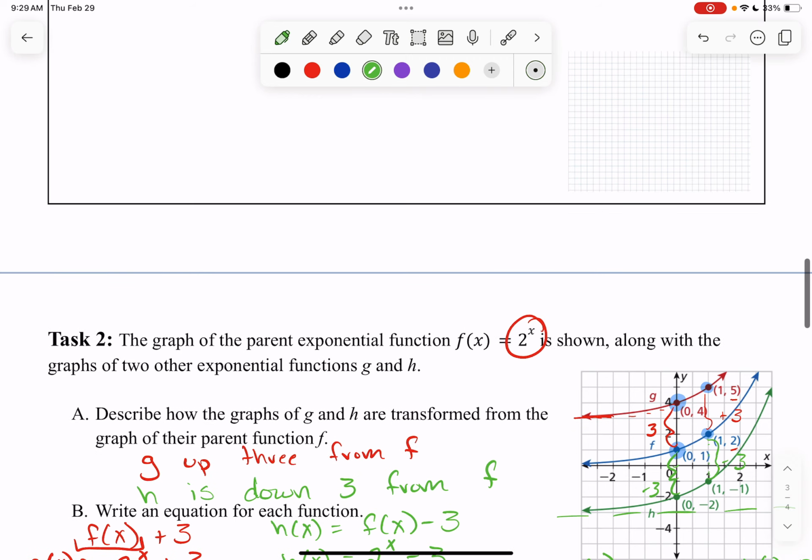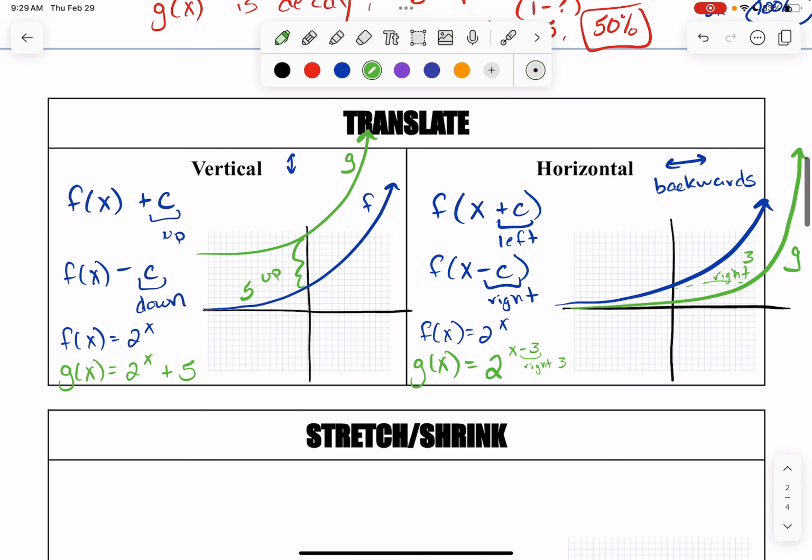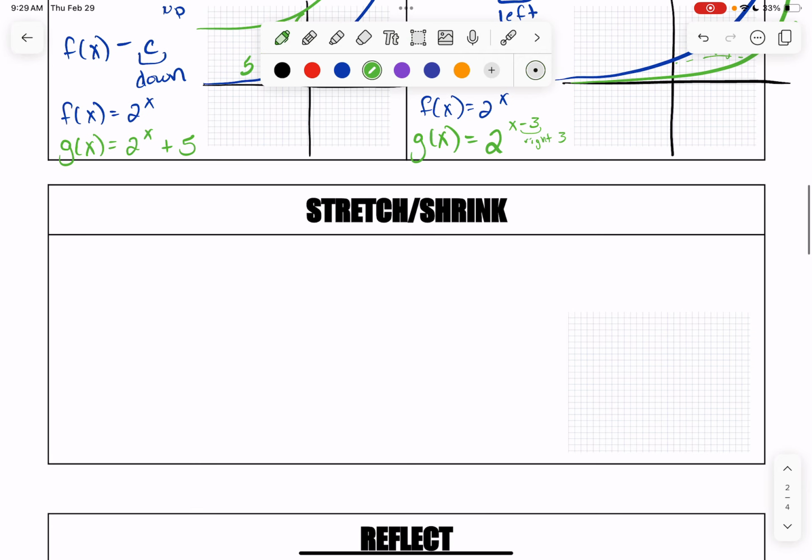All right, so we talked about vertical and horizontal translations, moving left and right. Now let's deal with vertical stretches and shrinks, what the book also calls compressions. A compression is just a shrink. Compressions happen by multiplying the function.